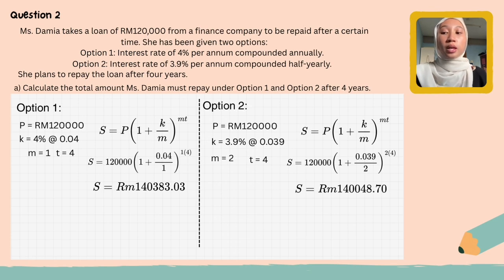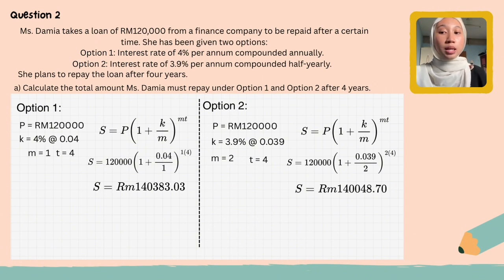So here we know that the question is asking about finding S. First, we need to list all the main points that we got from the question and substitute into the formula. So S equals 120,000 bracket 1 plus 0.04 divided by 1 to the power of 1 multiplied by 4. So S for option 1 is RM140,383.03.